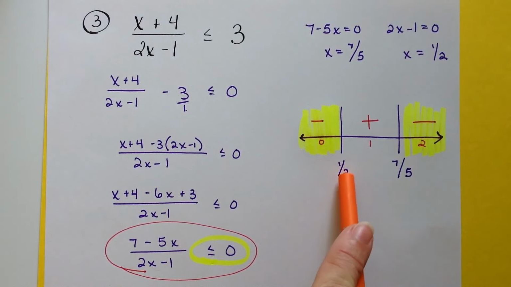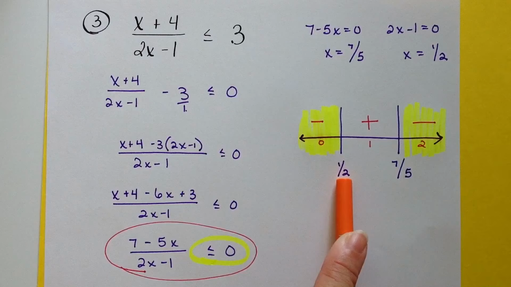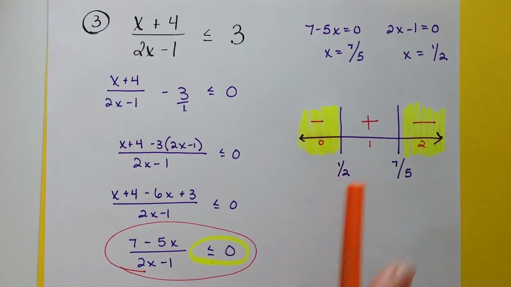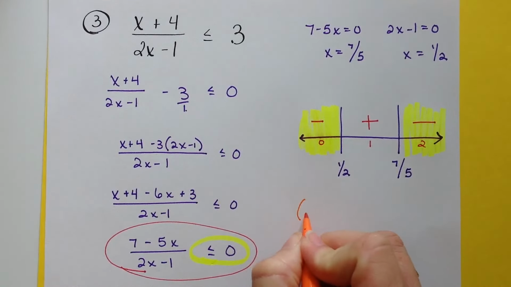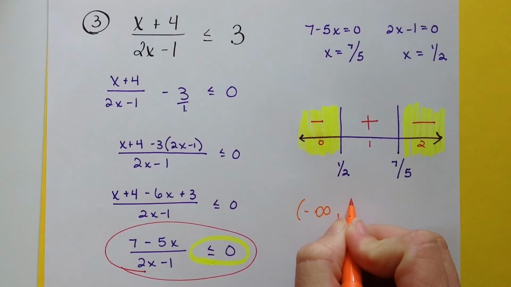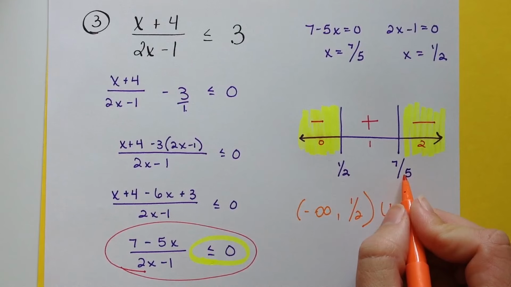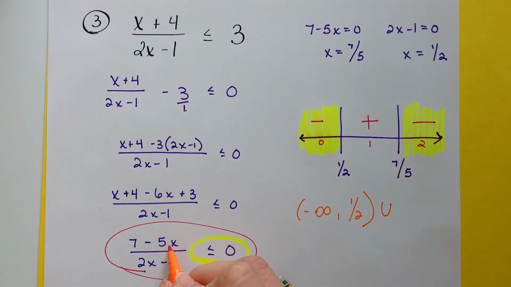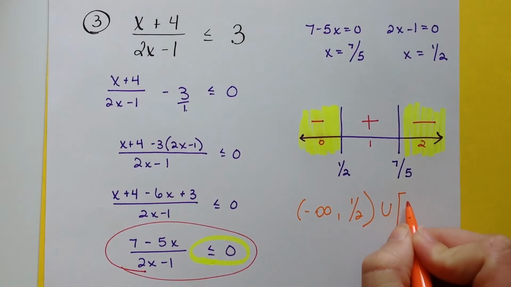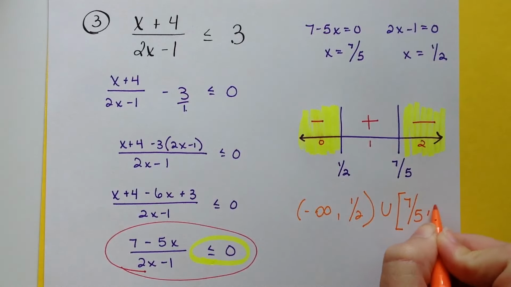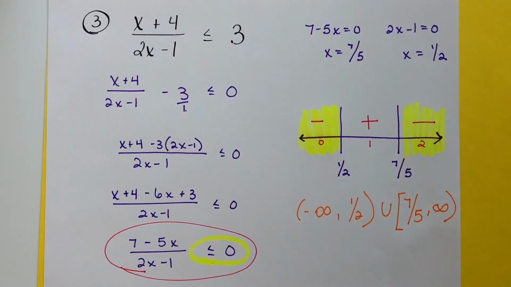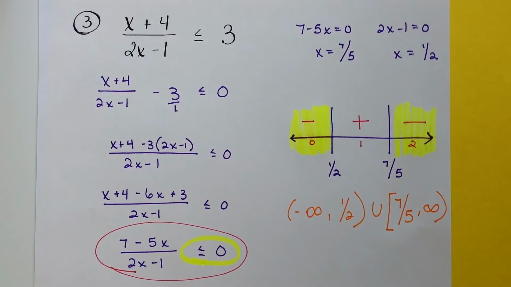So when I get ready to use my 1/2, when I write my interval notation, I've got to remember to keep a parentheses with it. So this would be negative infinity to 1/2. But now the 7/2 comes from the numerator, which is okay to have 0 in your numerator. So you will put a bracket on your 7/2, and then that goes to positive infinity. So there's your answer for that one.